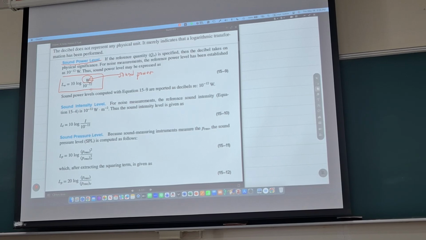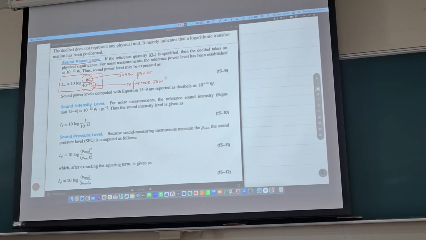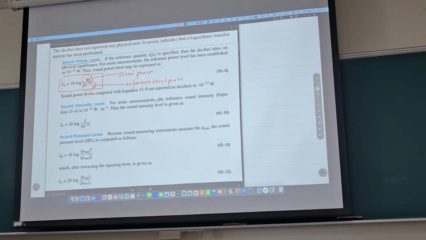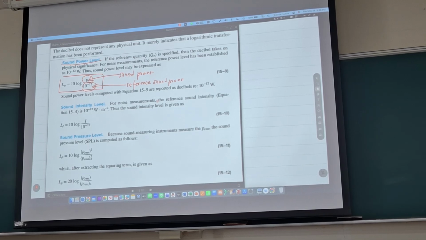And what is the 10 to the negative 12? This is the reference sound power. So this is the sound power level.